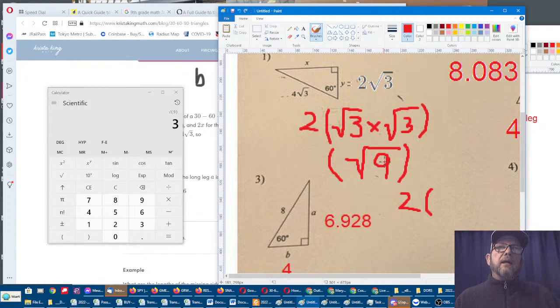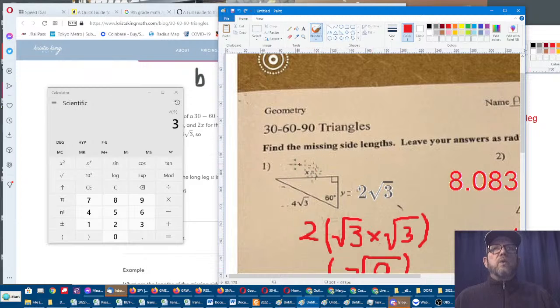Remember, the square root of 9 is 3. So let me write 3, which means 2 times 3 equals 6. So that's the answer for your long leg.